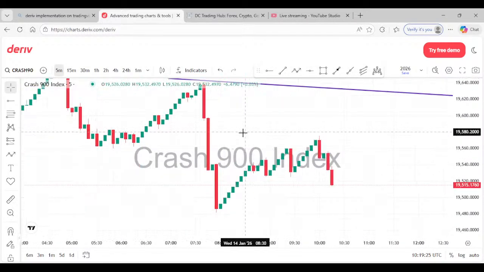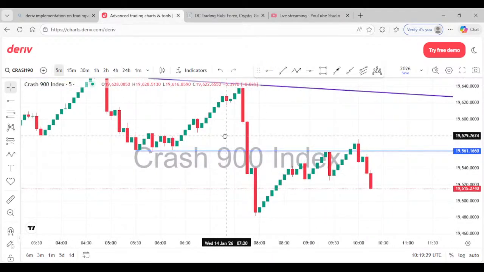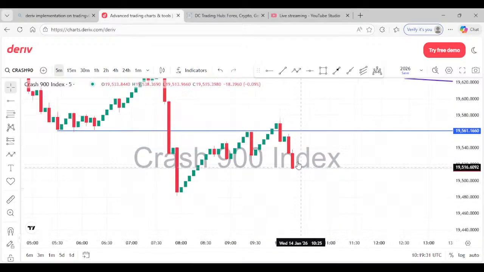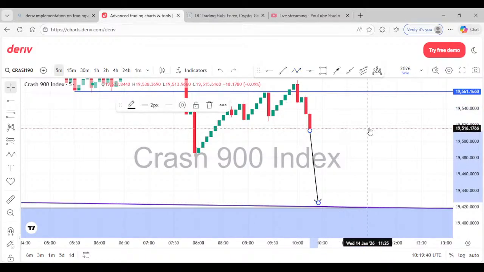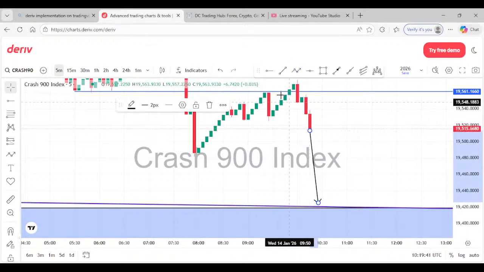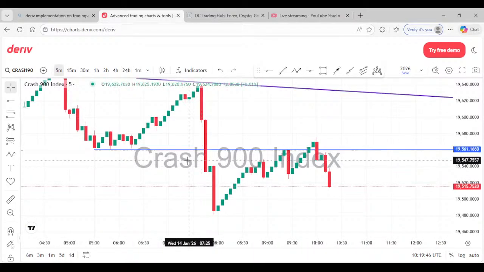I told you that because of this particular level that we have, price is likely going to reverse, and this is what is now taking place. And price is likely going to reverse further and reach this particular level, and then it will continue moving upwards. So I told you that we are going to catch some spikes at this level. This is exactly what has happened.